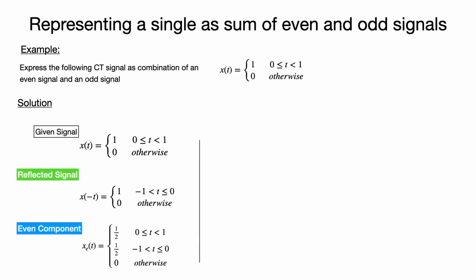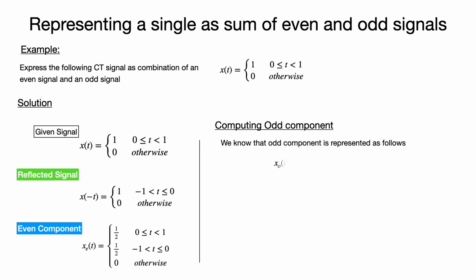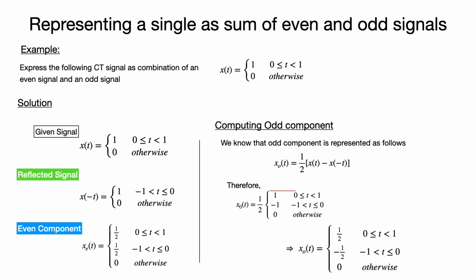Similarly we can compute the odd component of the signal like this. There is only one difference. In the even component we perform the sum of the original with its reflected variant. Here we perform the difference, or subtraction. So the reflected variant is subtracted from the original signal. This one we can write like this. You notice the difference is there is a -1 here.